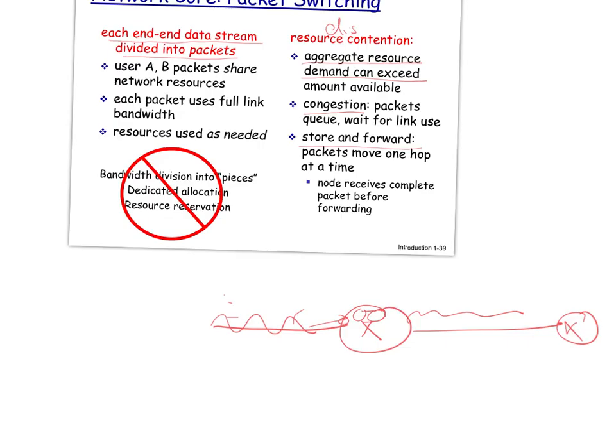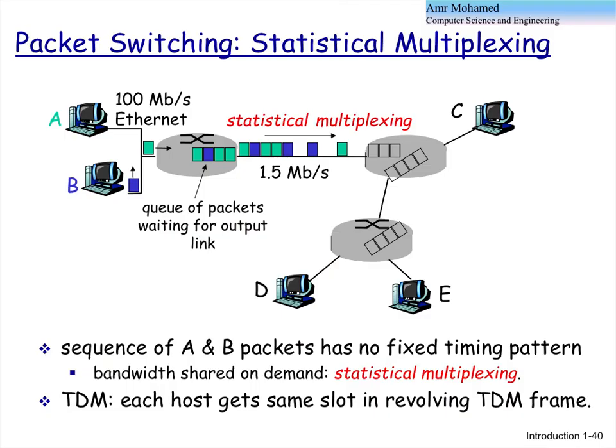Okay, let's see the effect of statistical multiplexing. As I said, if I have multiple users A and B, each of them has data to send. But logically, by the way, each node doesn't send 24/7, right?